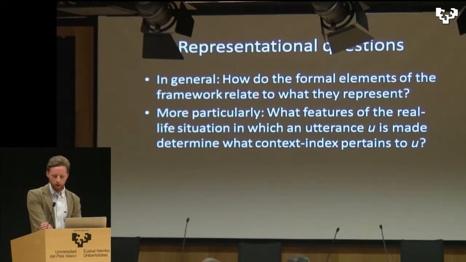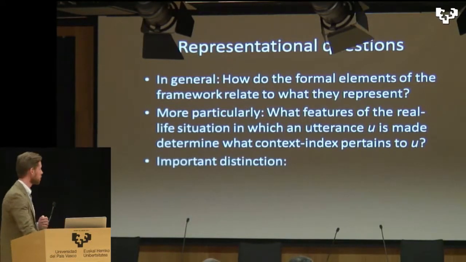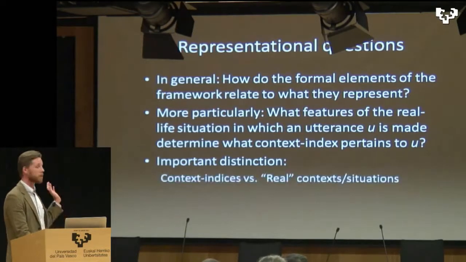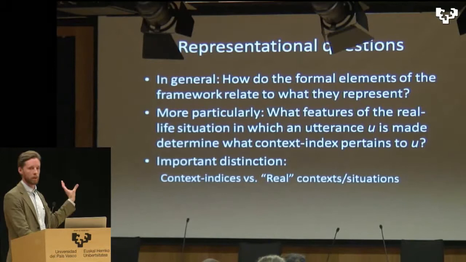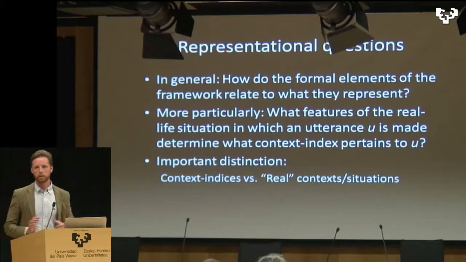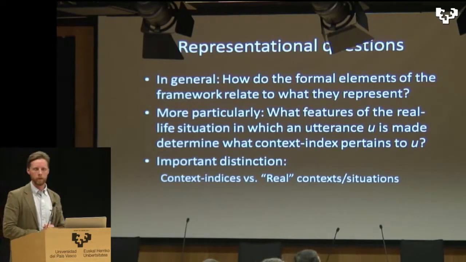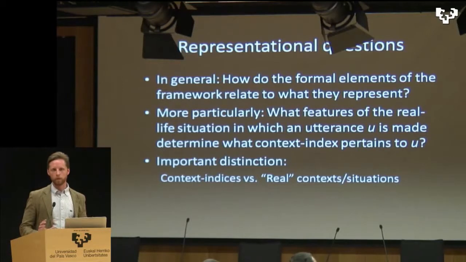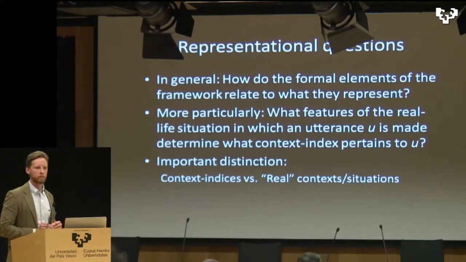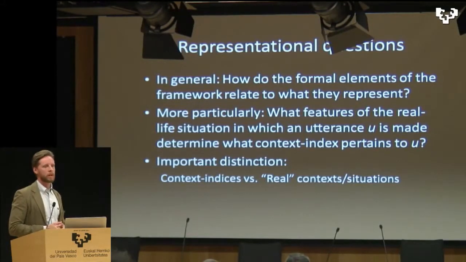Okay. So we have this important distinction between context indices, that is the formal elements of the theory, and real context situations. Some have suggested that this distinction should just be abandoned when we start to focus on this other project of trying to account for real-life utterances, because then we need some other notion of context, which is less tied to this formal framework.